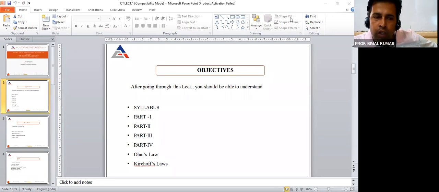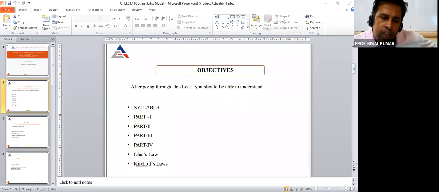We will have to calculate current, power or voltage across any element in that particular circuit. So is the difference between analysis and synthesis of the network clear to you?